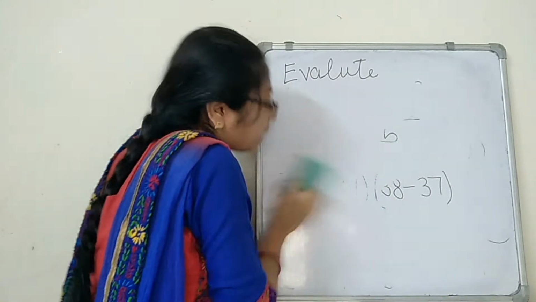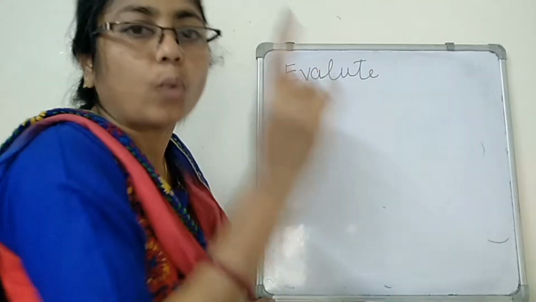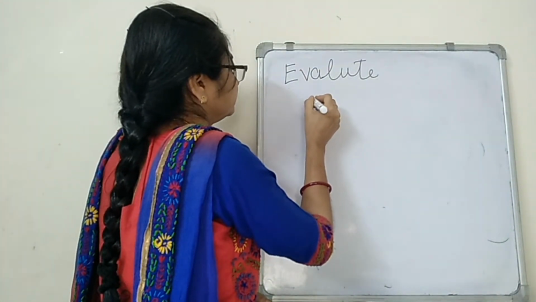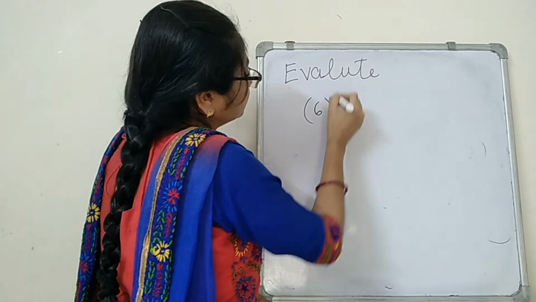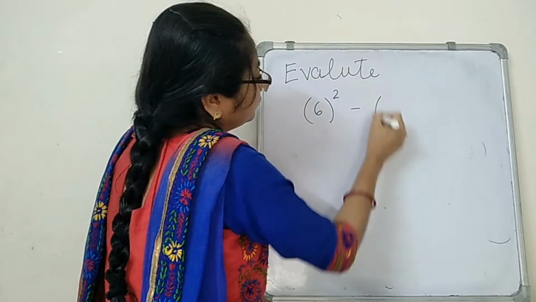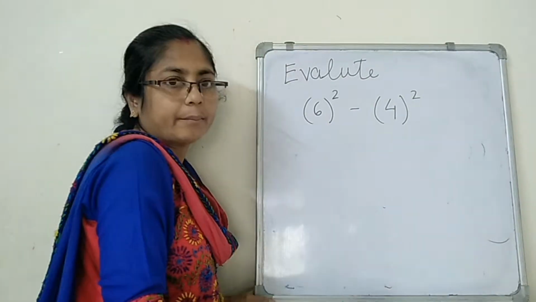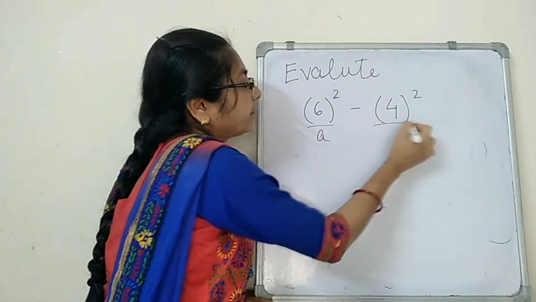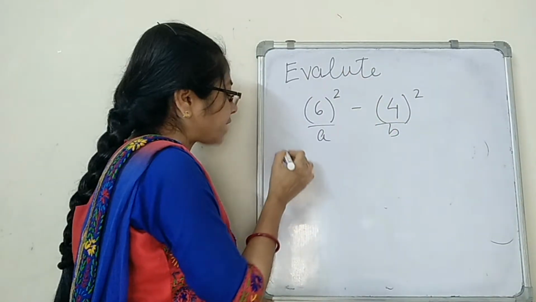Now I give a math where a minus b is not 1. Six square minus 4 square. I give a small number so that you can do it very easily. It is a, it is b. A square minus b square. First write the formula.